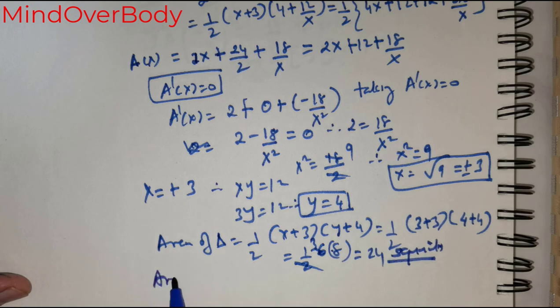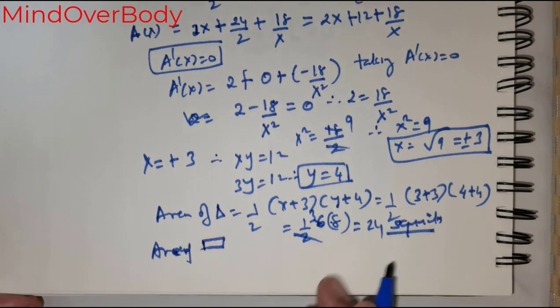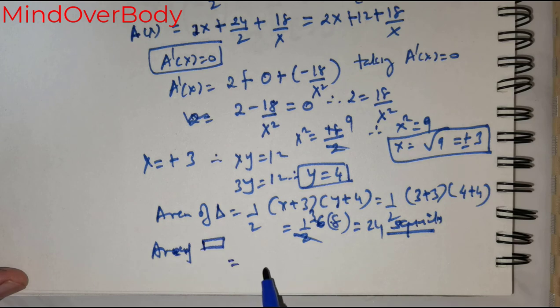Now the area of the rectangular strip, what is that going to be? That is going to be equal to, as I told you, base into height. So clearly the base is x and the height is y.